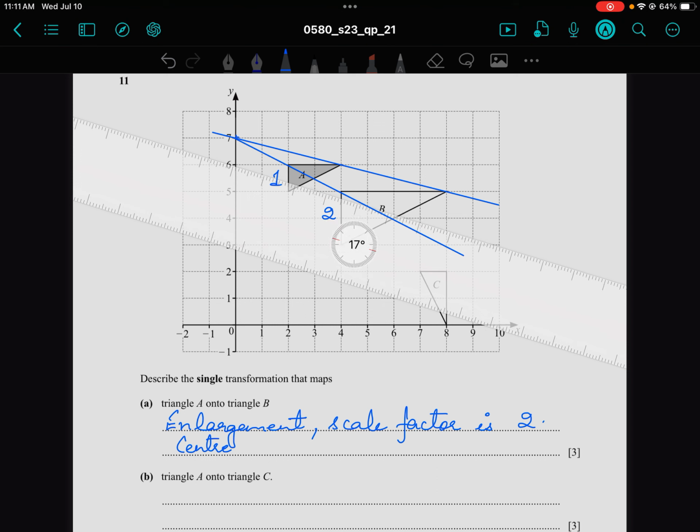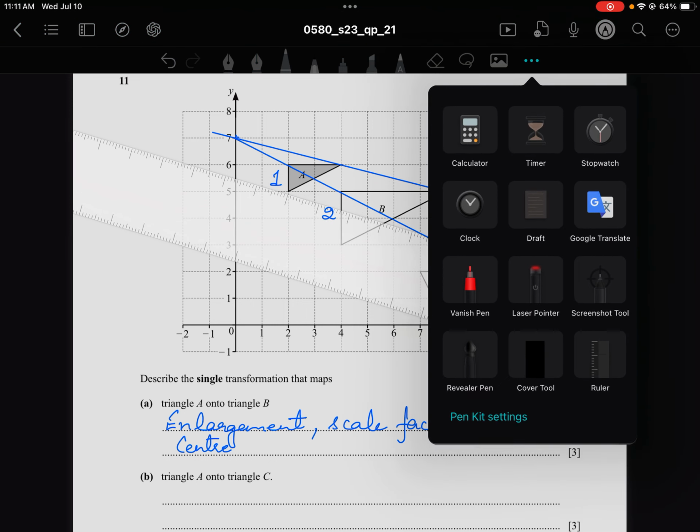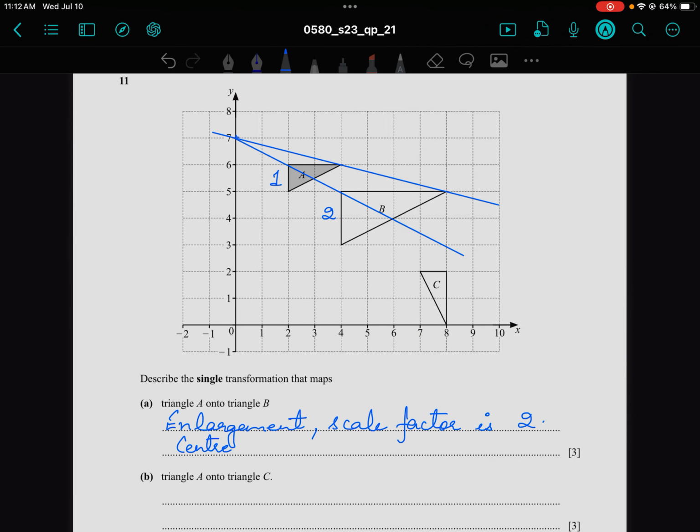Now we can see that these two lines are joining here at this point. So the center of this enlargement is 0, 7.